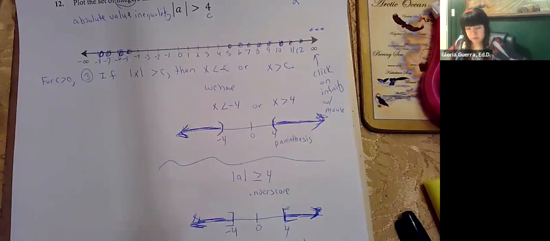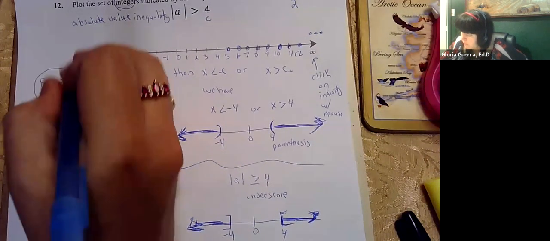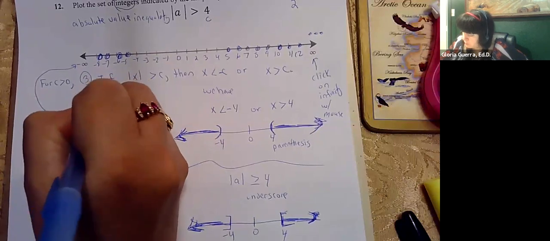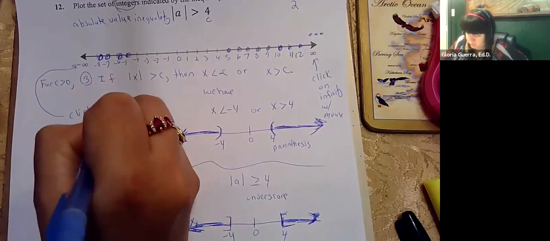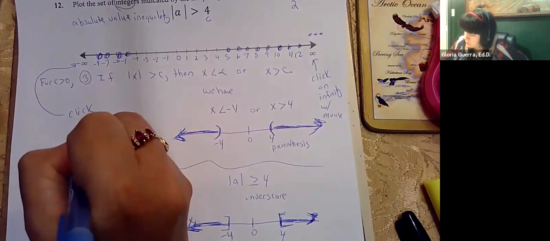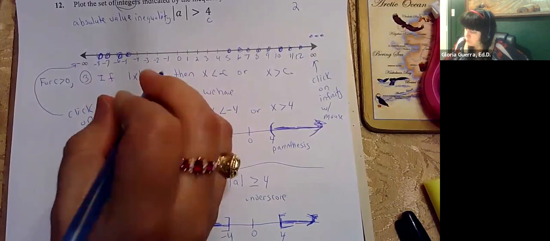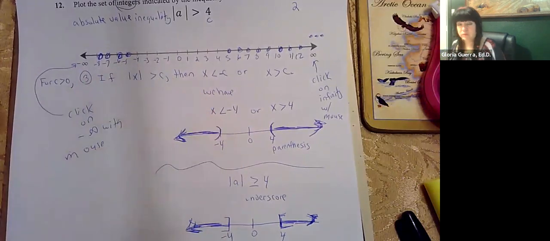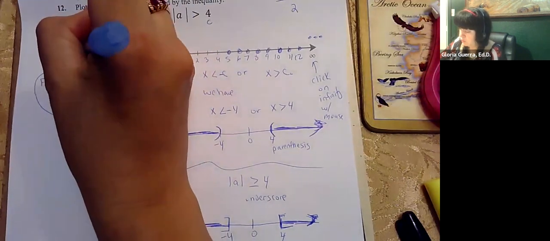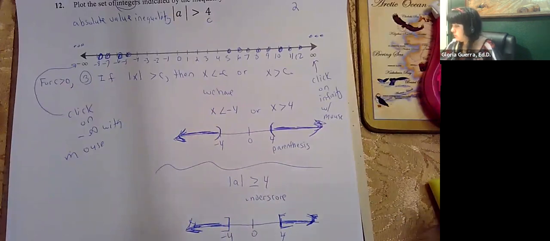And for the same reason, you would click on the negative infinity with the mouse. When you do that, these little dots are going to appear at the top.